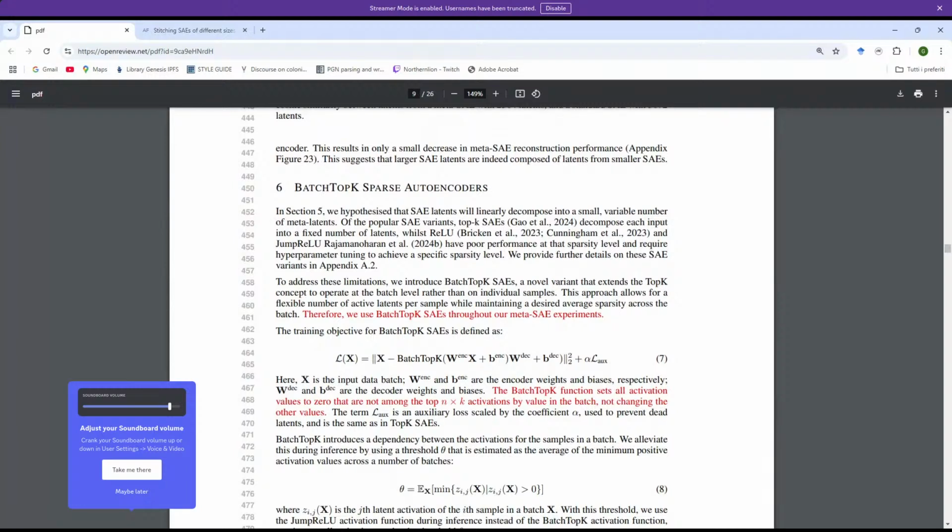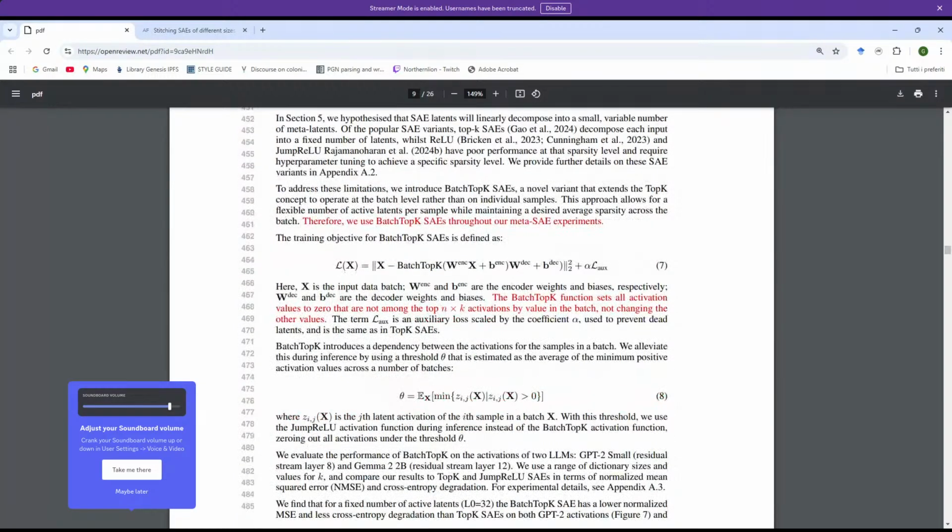The reconstruction loss that we are having is still so bad that it's not obvious that this intuition holds, but still batch top K just feels better.